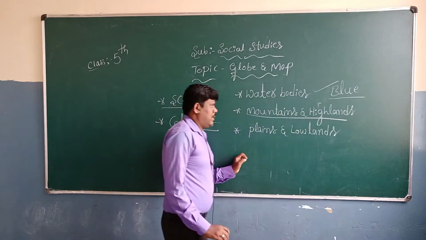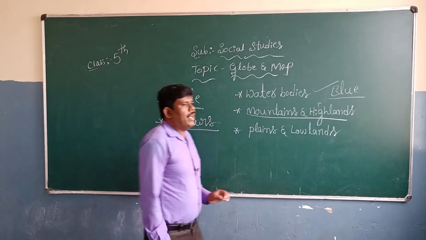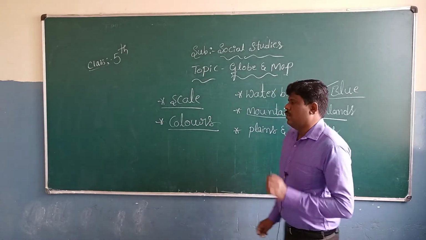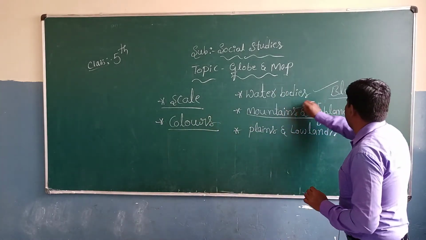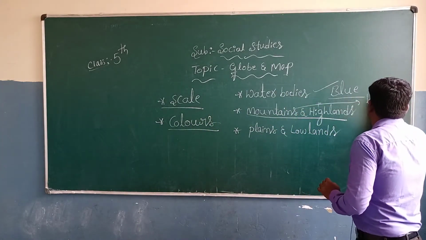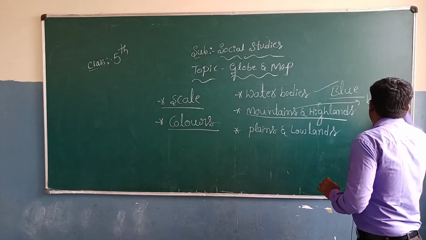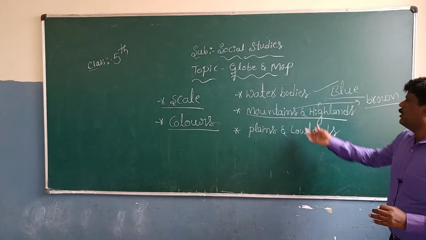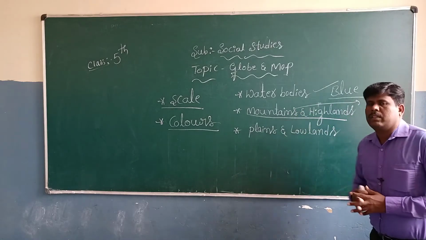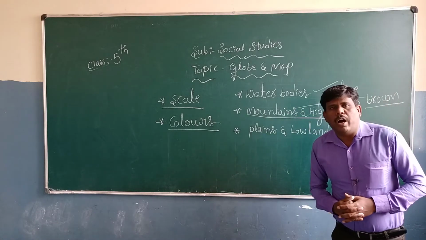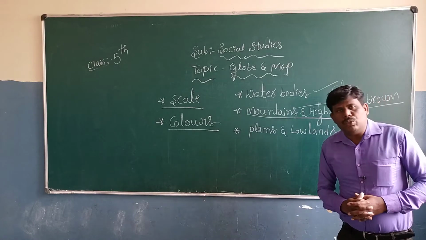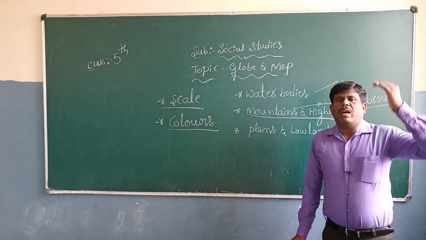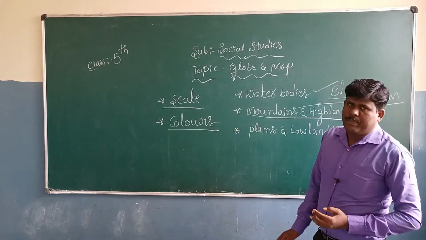Mountains and highlands. For showing these, brown color is used. Brown color is used to show mountains. Dark brown color is used to show the highest mountains.